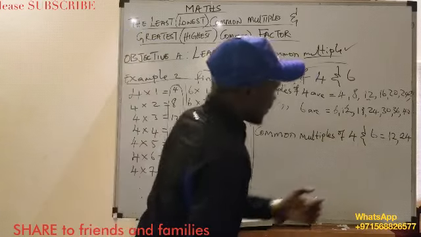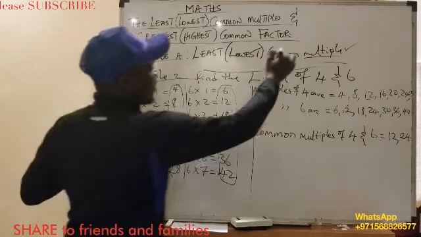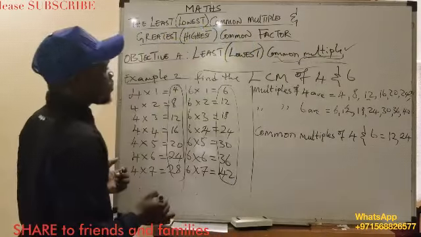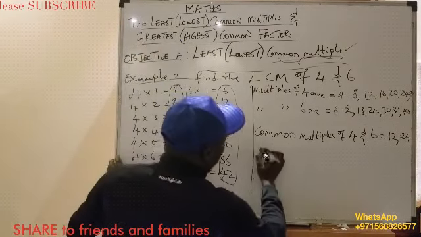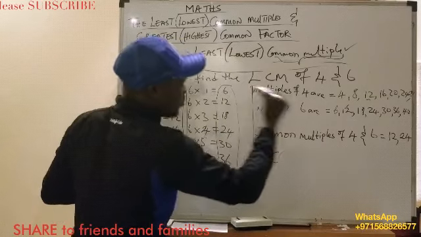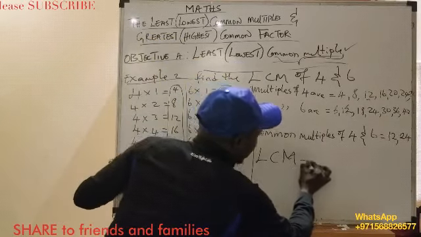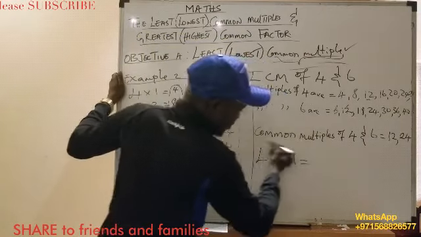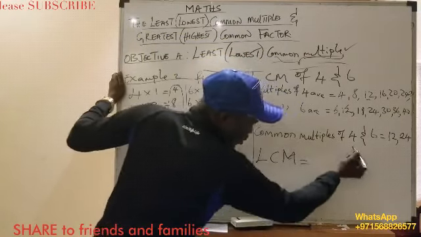So with this now, we have discovered the common multiples. Then the LCM, that is the least, or you call it the lowest common multiple, is the lowest number among the common multiples that we have here.